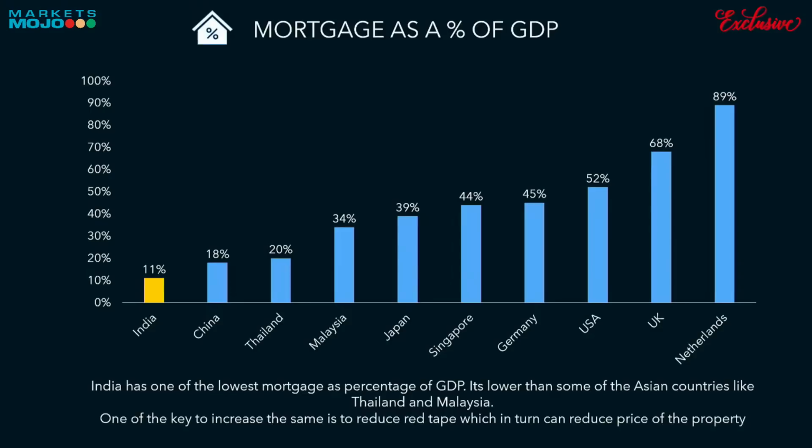Now the question that comes to our mind is this: if this is the trend, which is low, should it not make sense to get into some of the housing finance companies, because these numbers will keep increasing? I think one of the biggest problems, and this is my personal opinion, is that in India real estate is more of a state subject.